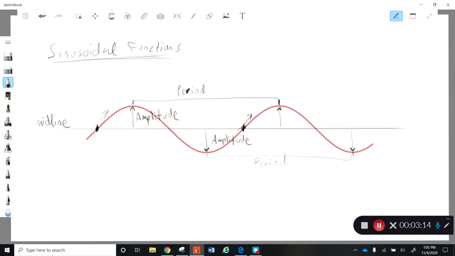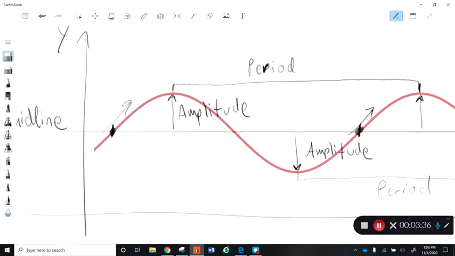If we happen to know where the x and y axes are, say we know the y-axis is here, and the x-axis, maybe it's there. So there's x, there's y. And if we decide that we want to try to describe this curve with, say, a sine function, we know that the sine function starts at 0.